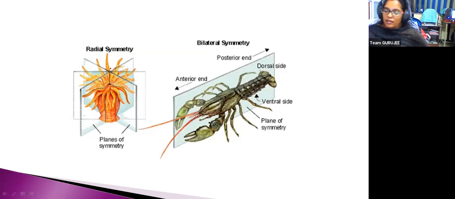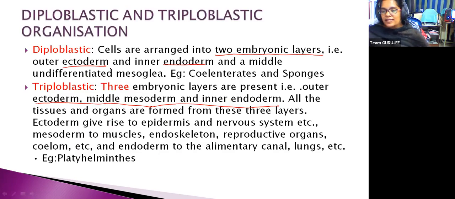This is the picture for radial and bilateral. Next, diploblastic and triploblastic. Blast means embryo, and diplo means two. Diploblastic means two embryonic layers, ectoderm and endoderm, seen in sponges.